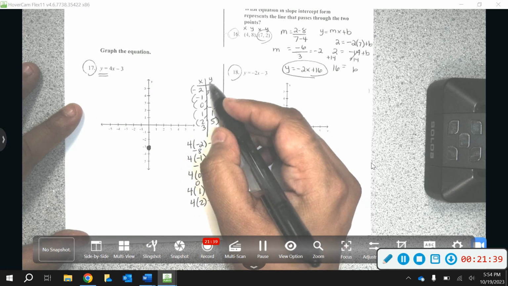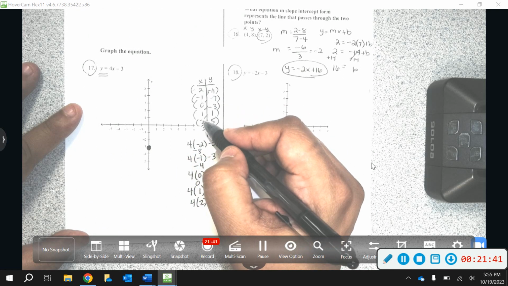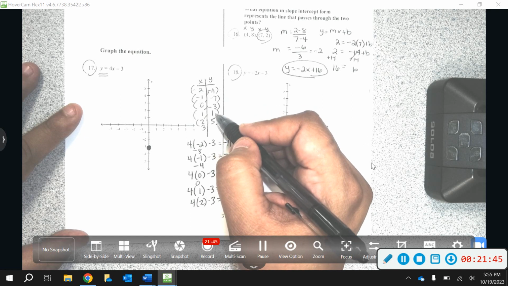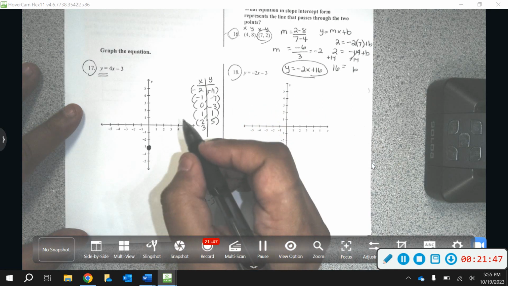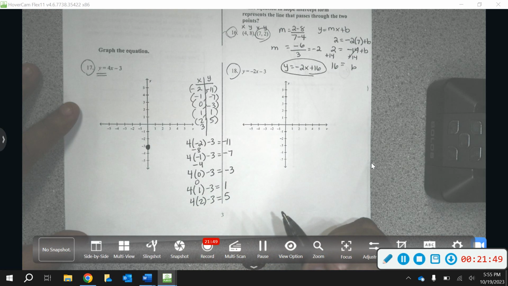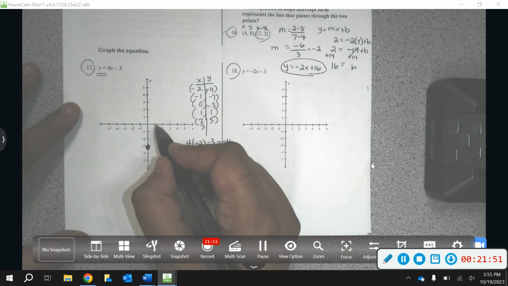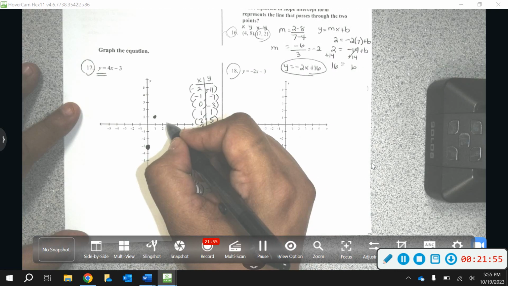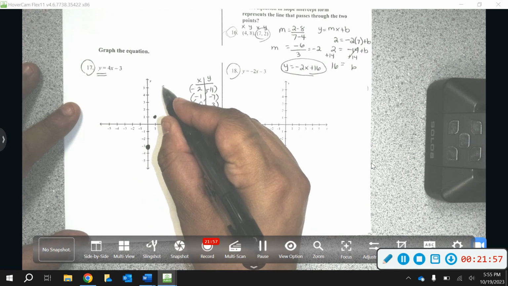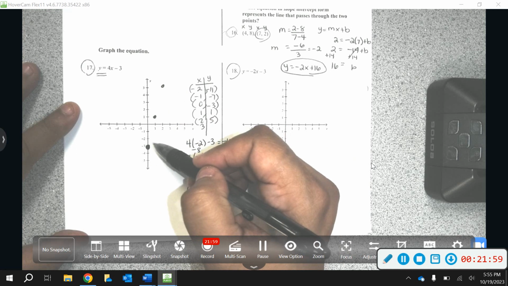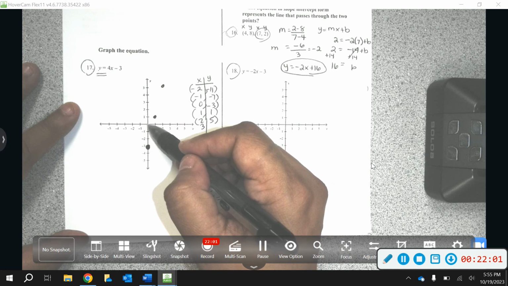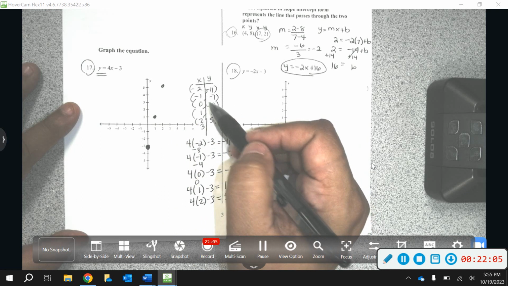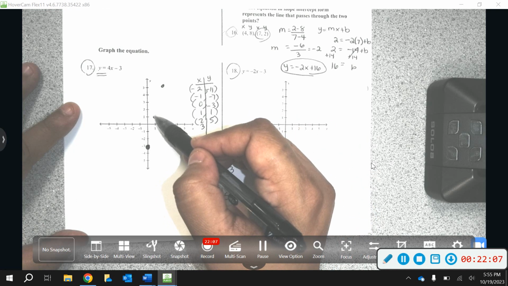If you notice, for every 1 increase in x, you are adding 4 every single time. So 1, 1 and 2, 5. Again, up 1, 2, 3, 4 on the y, the rise, and then on the run, you're going over 1.